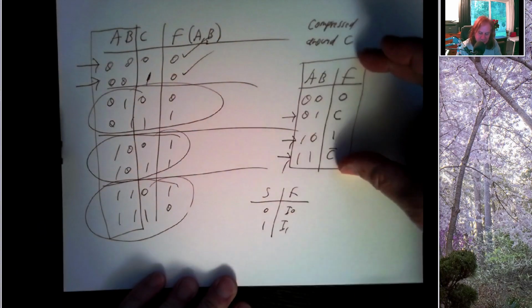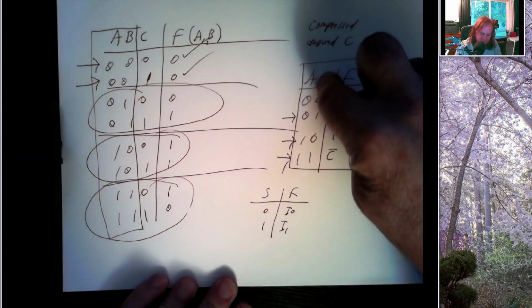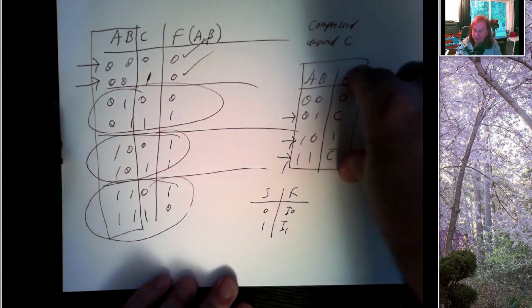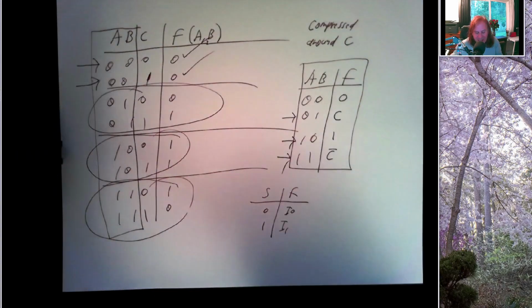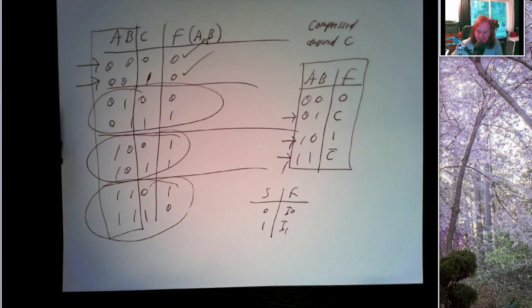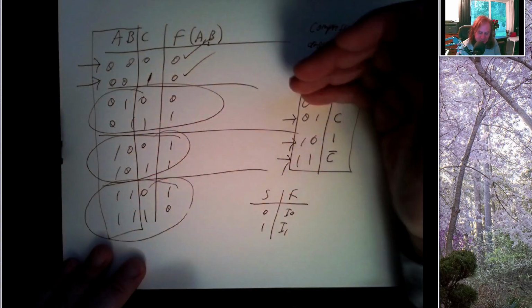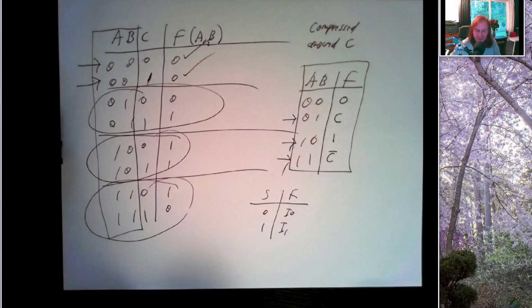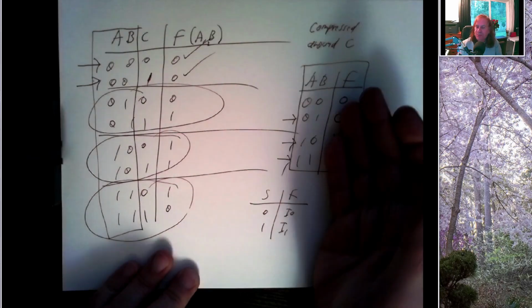We could compress this truth table around b, and then our function would be something that included b's and c's in the output. And if we do that, we'll get a simpler truth table that only has two rows: A is equal to 0 or A is equal to 1. But the value of the output will be more complex.